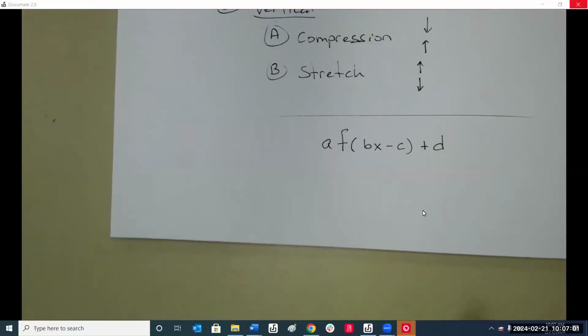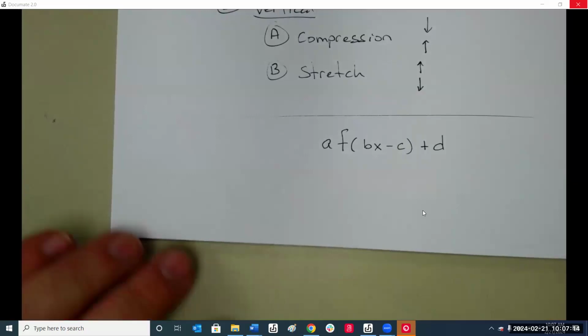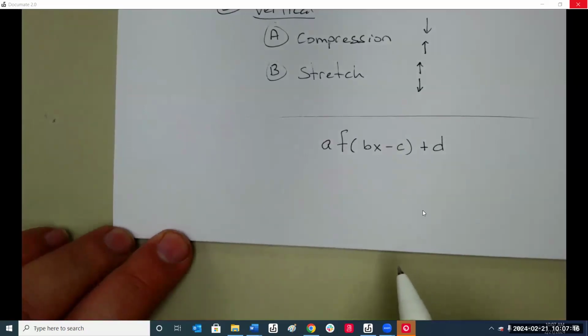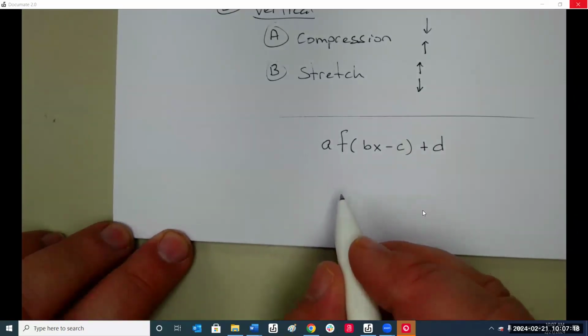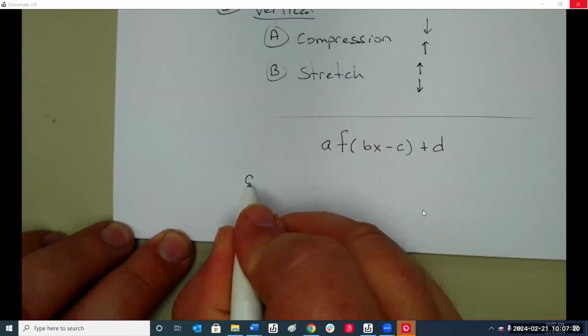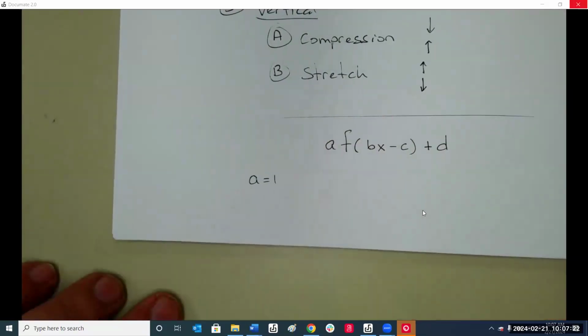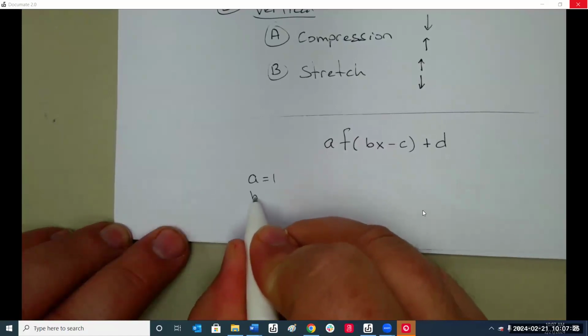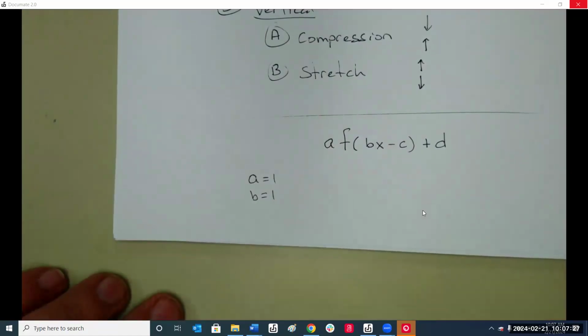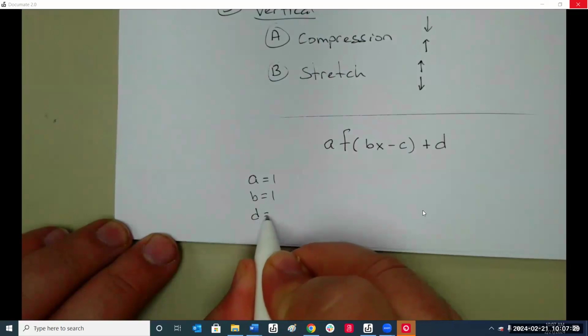Each of these things are a result of A, B, C, or D. The first one we're going to look at, we're going to say that A equals 1, B equals 1, and D equals 0.